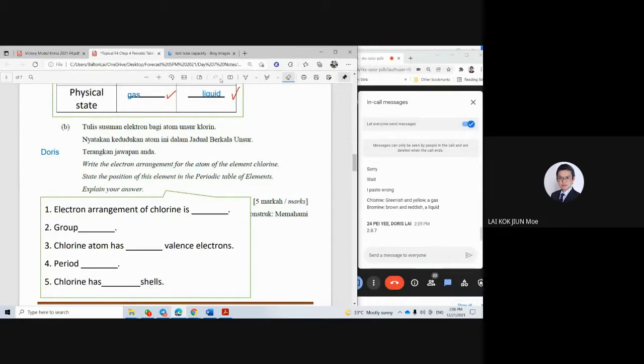Question B is 2.8.7. Very good. The group is what? The group is 17. Chlorine atom has how many valence electrons? 7. Very good. Period what? 3. Very good.